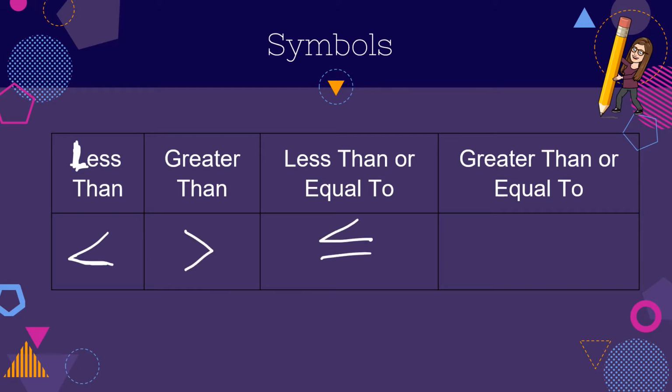Less than or equal to. That means it could be exactly that number or below it. Greater than or equal to points to the right and is or equal to. You will have to know how to write these symbols based on the vocab, and you'll have to know the vocab based on the symbols.